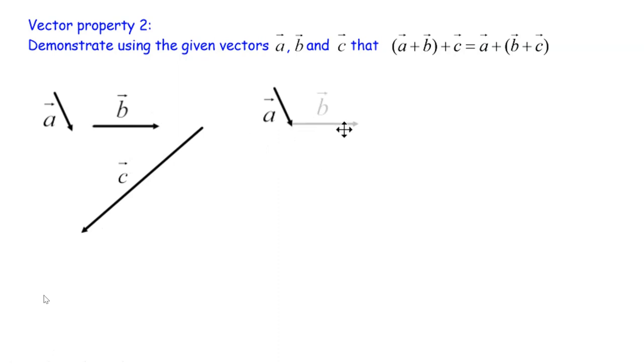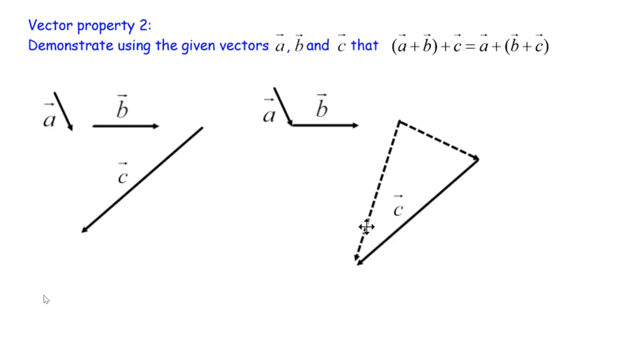So that's my A plus B. And that dotted line represents the sum of A plus B. I'm going to take that result, the A plus B, and add on the C. So remember, the dotted line represents the A plus B. And then we're adding on the C. And the result of that is that line right there.